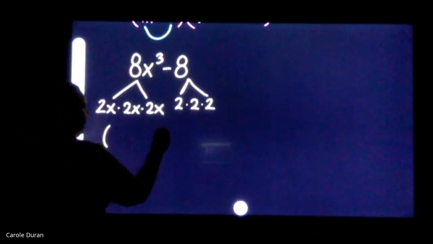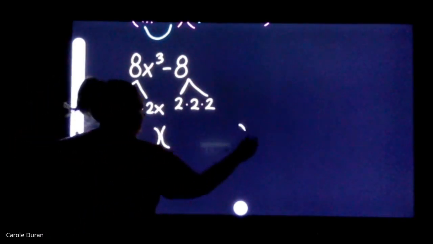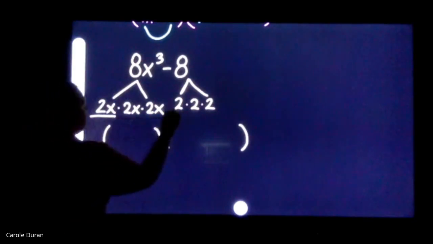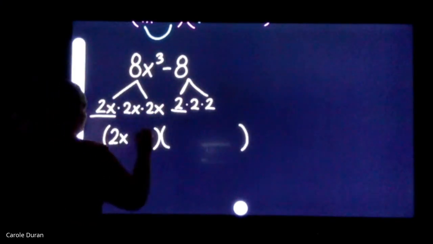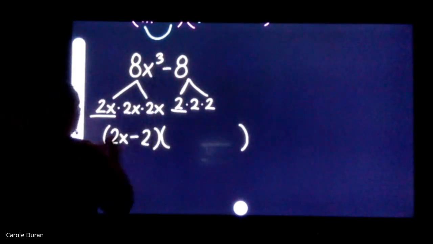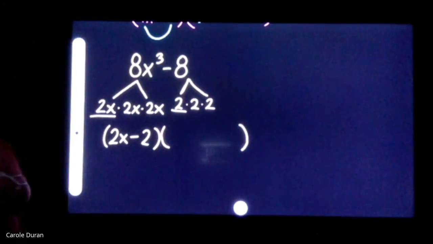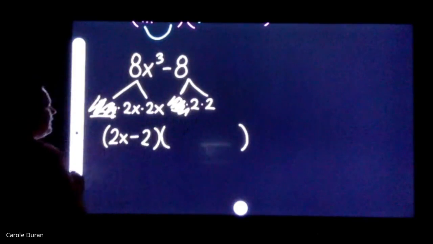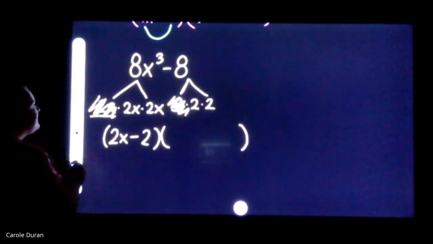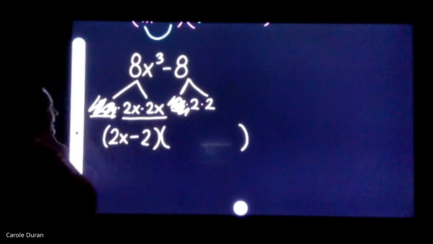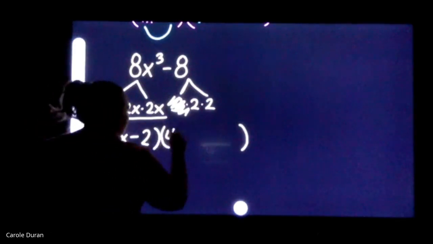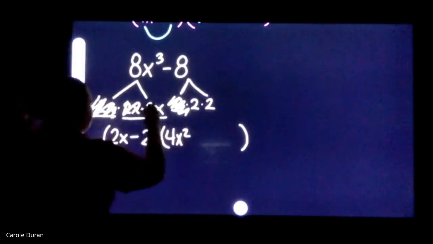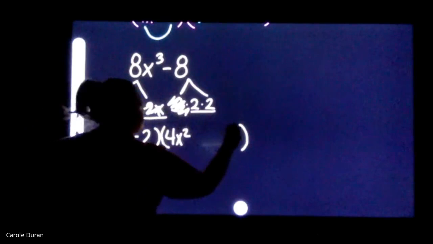I go ahead and I do my factors. I take one of each, and they make up my first factor with the original sign from the problem. So that's going to be 2x minus 2 in that first parentheses. Then I take what's left, and it makes up my second parentheses. So 2x times 2x is 4x squared. 2 times 2 is 4.